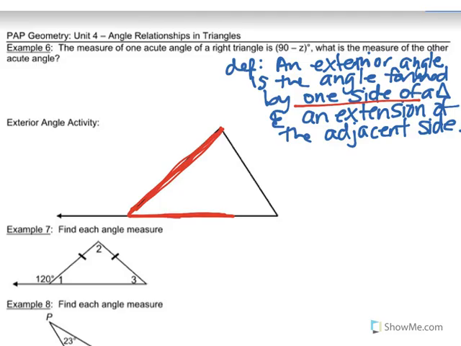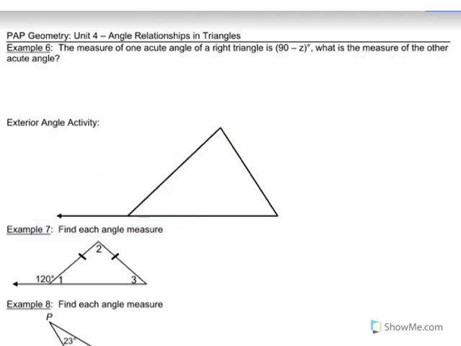An adjacent side is the one that actually forms this angle right here, and then we're going to extend it out here, and we create this angle. That's the exterior angle. So it's one side of a triangle, the adjacent side, and then we extend that adjacent side, and it's the angle formed by those two sides.